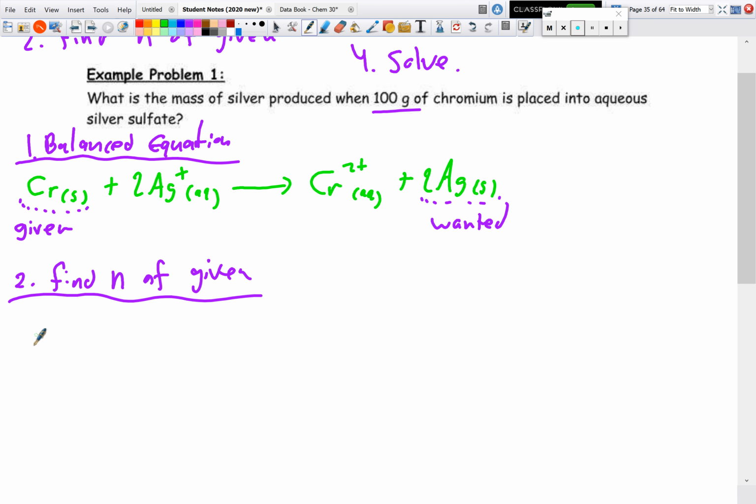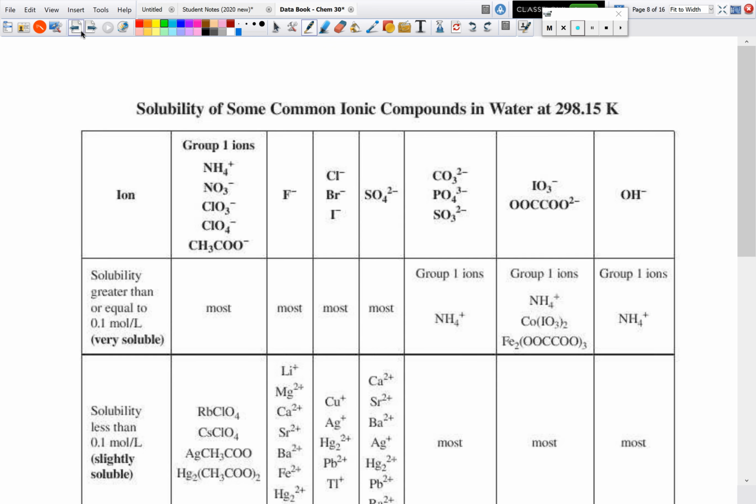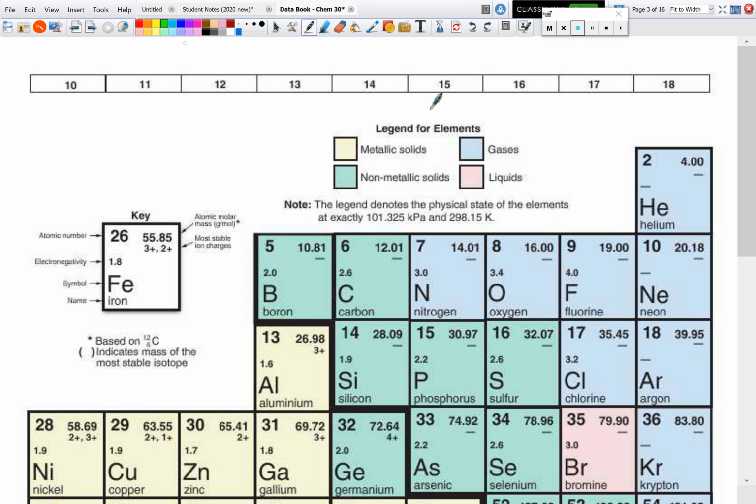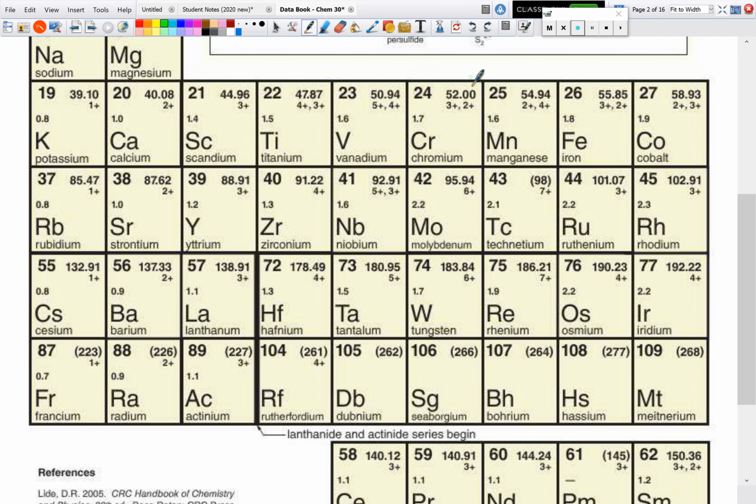So because we are given a mass, we go number of moles, in this case right here, it's chromium, is equal to mass of chromium divided by the molar mass of chromium. So the mass given was 100 grams. Now you can check your periodic tables to find the molar mass of chromium is 52.00 grams per mole. And that, of course, is just if you go to your data booklet, go back a few pages to the first little bit, and chromium is right here.